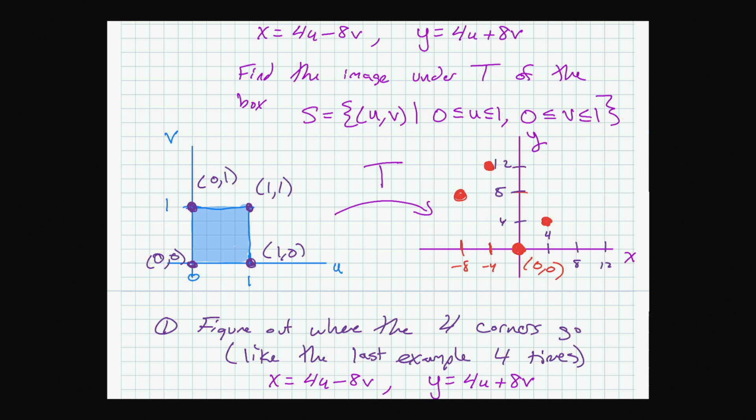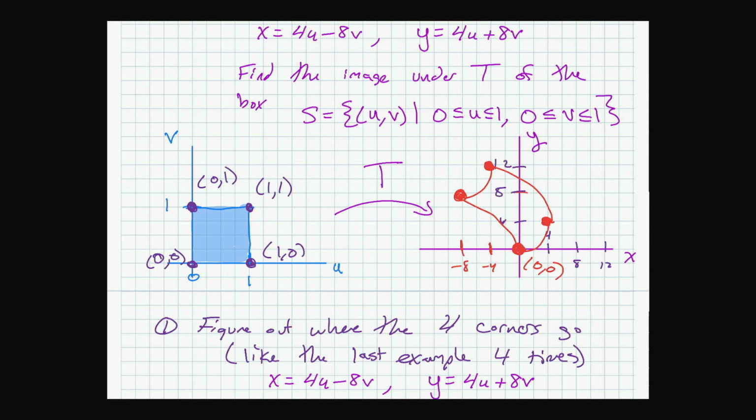So again, the point that I want to make here is this is actually what the region looks like. It's a rectangle, but they don't have to be rectangles. It could be curved edges like this. Like you just don't know.